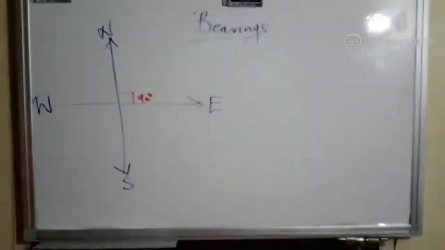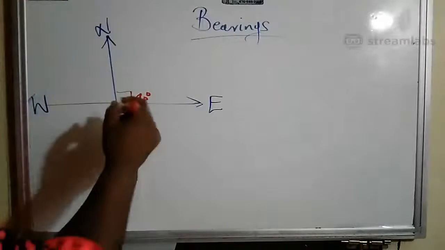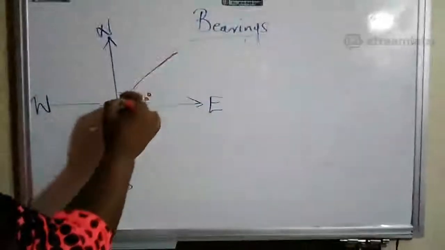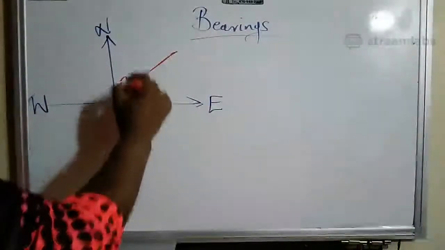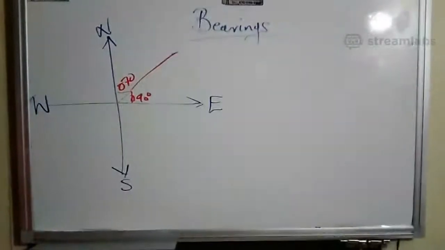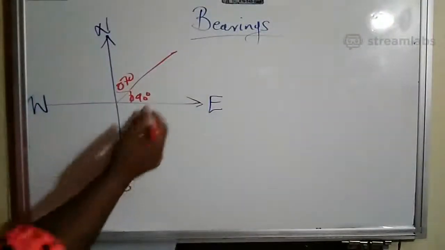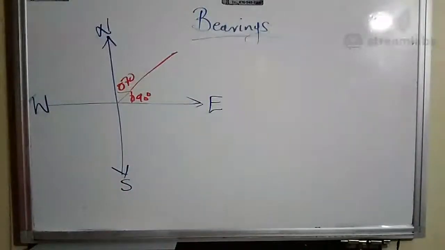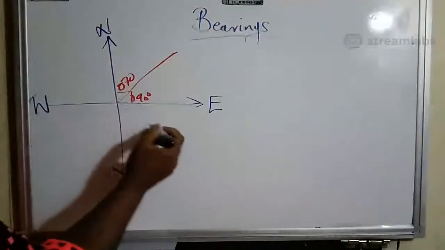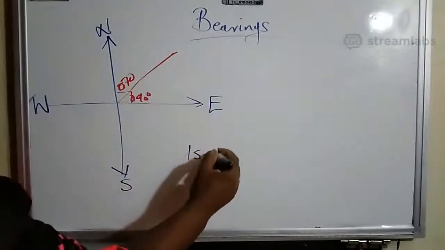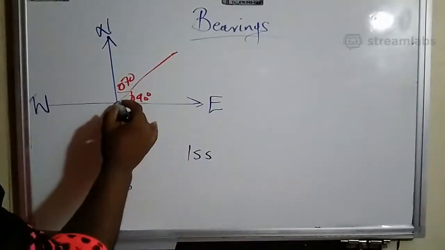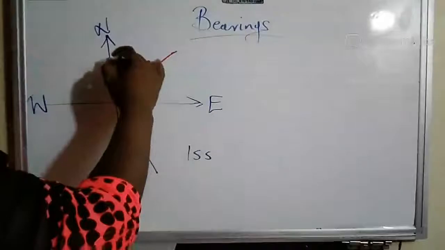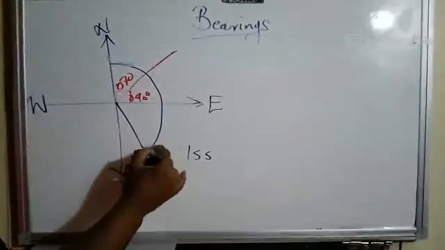So if I get a bearing, say 70 degrees, we can estimate it to be about here. Very important: if it's between 90 and 180, we know the bearing is going to fall somewhere down here. So, say for example, it's 155, so about there, and we're going to measure from there.